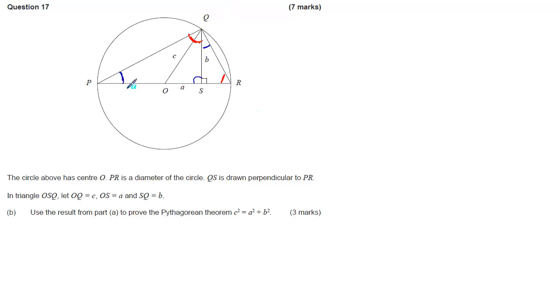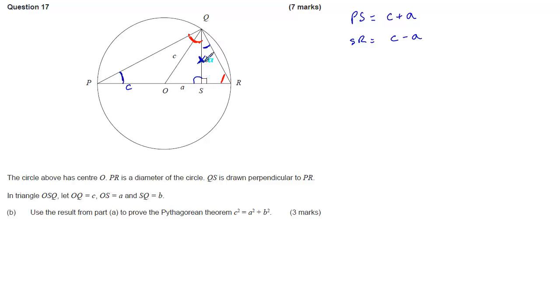C is a radius, so this length is C, and that means that PS is equal to C plus A. And by a similar argument, SR is equal to C minus A. Now consider QS. In this triangle, QS goes between the blue marked angle and the right angle.